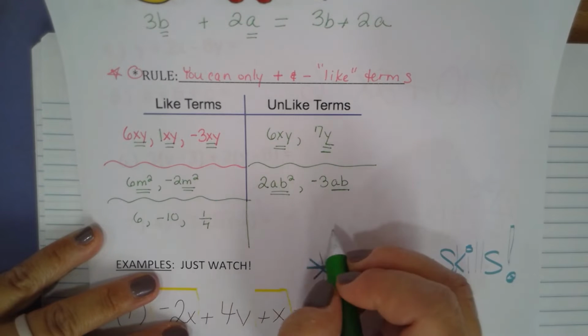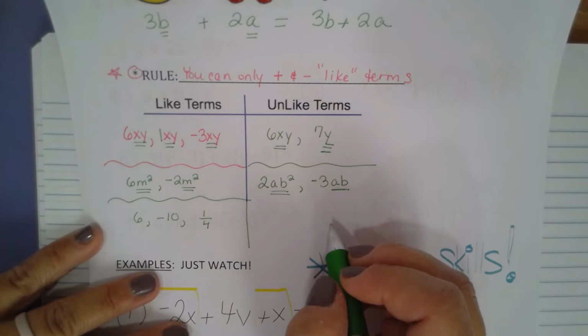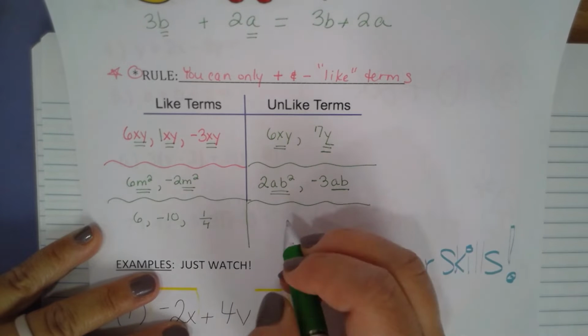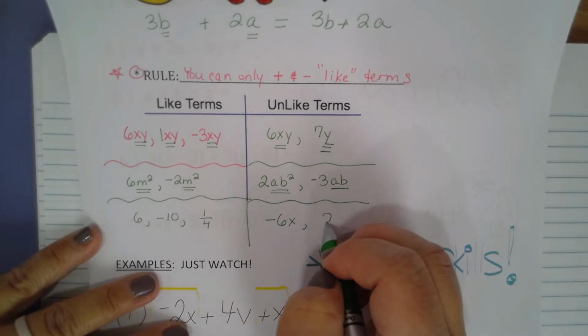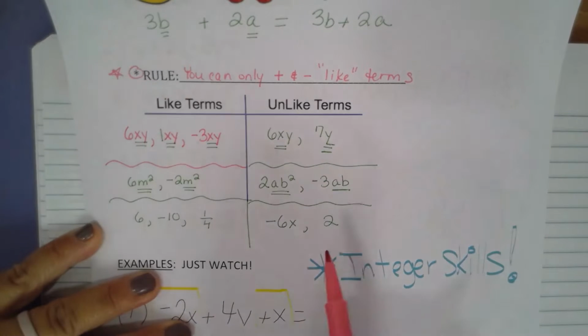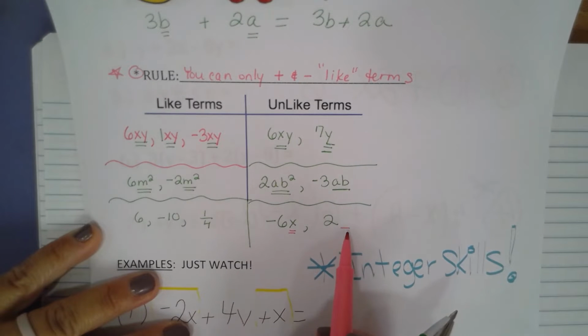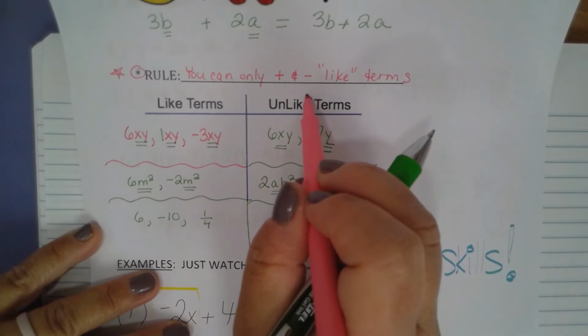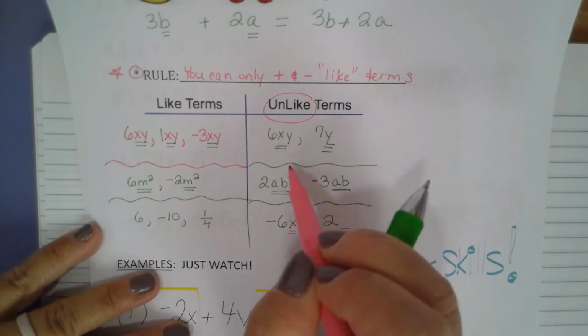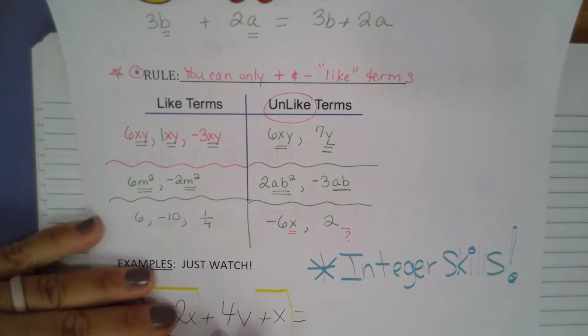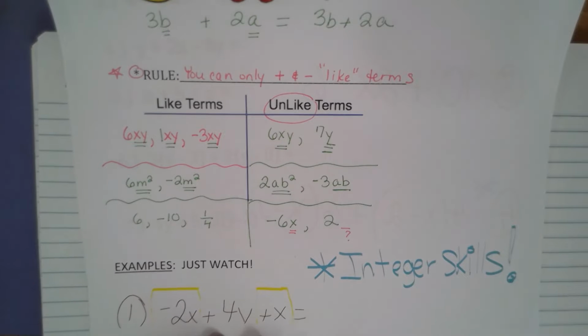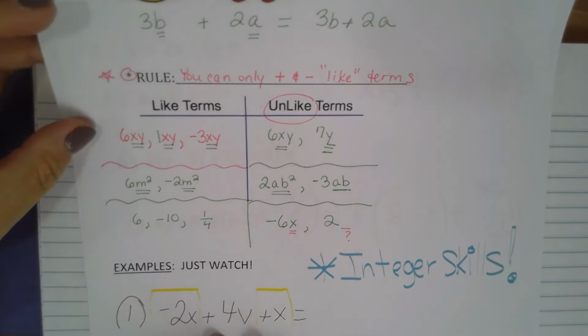They have to be identical. Another example of unlike terms could be negative 6x and 2. See how the negative 6 has an x, but the 2 doesn't. So these are all unlike terms, and all of the unlike terms you cannot add or subtract. If I'm moving too fast, you can always pause the video so you can copy down all the notes.